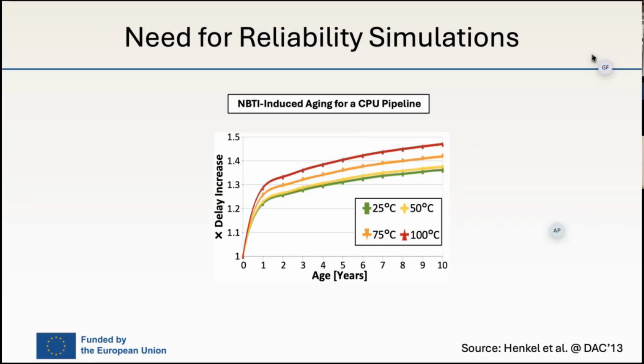And of course, we cannot wait so long on a real processor to slowly break down. So we need to perform some kind of time warping to accelerate the reliability research. That's why it's also very difficult to study reliability on real processors. So the solution to this problem is to use thermal-based reliability simulations.